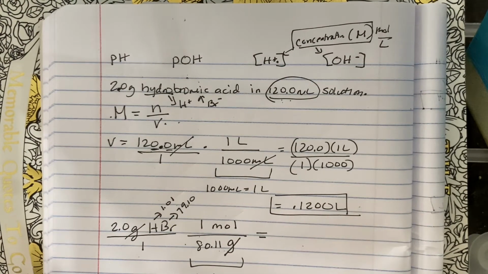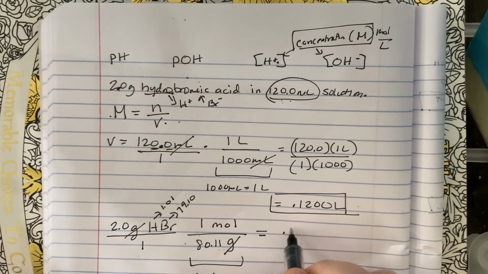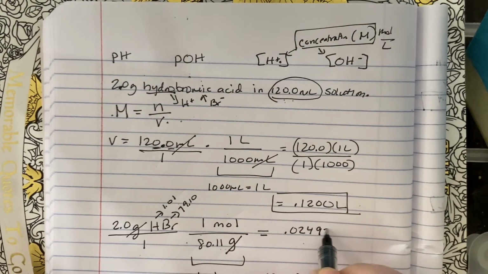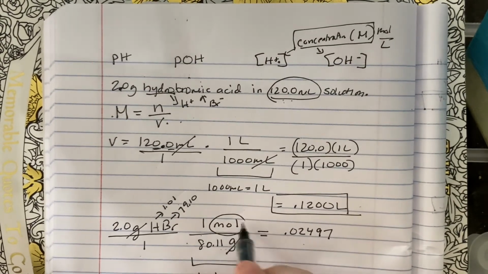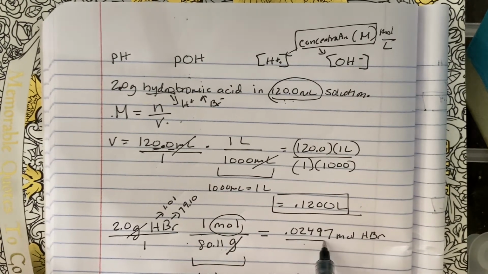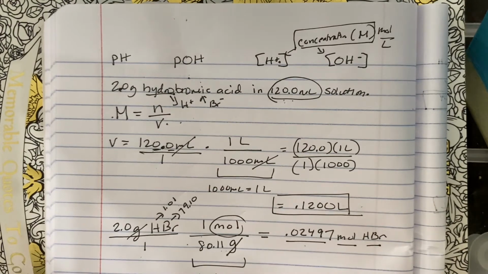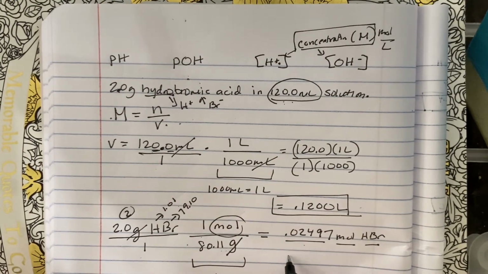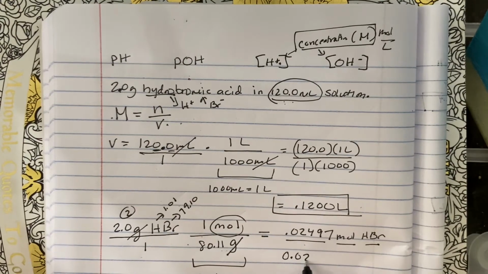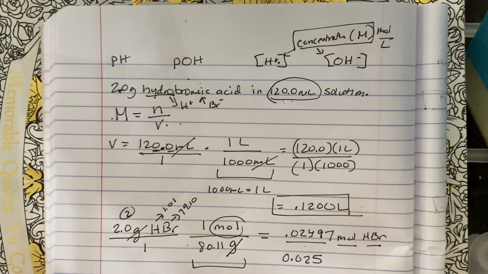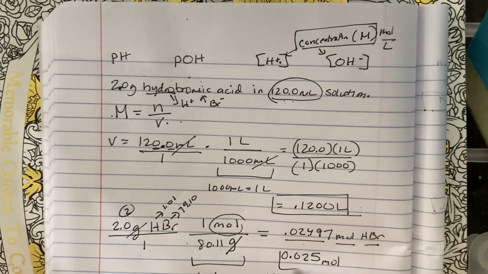And 2 divided by 80.11 gives me 0.02497 moles of HBr. Magnitude, units, species. Right, sig figs, we have 2 sig figs, so our answer can only be 2 sig figs, 0.025, because that 9 is going to round that 4 up to a 5 moles.